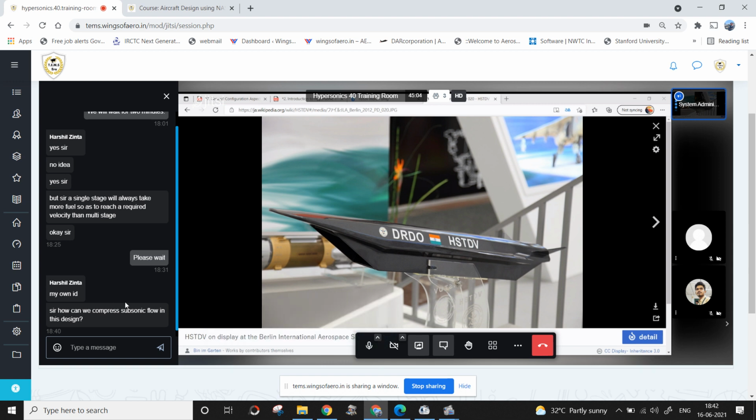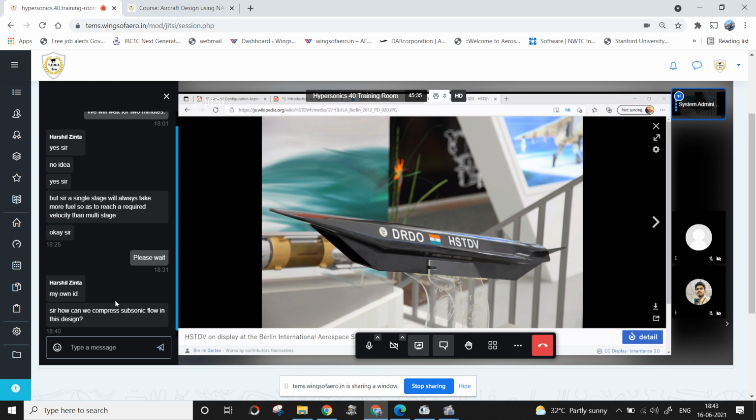Okay, sorry. Harshil has asked, sir, how can we compress subsonic flow in this design? So the thing is, for CAV that is again a challenge when it comes to the initial ignition, right? Initial ignition. So I will show how they are performing this, from subsonic flow to supersonic and hypersonic flow.